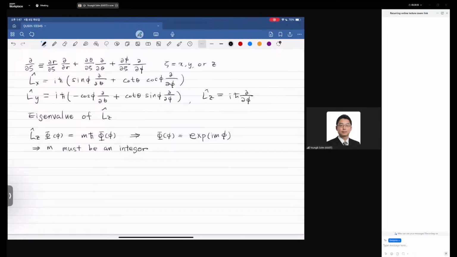That is the same thing as m needing to be an integer. So for that reason, the angular momentum around the z-axis is quantized.